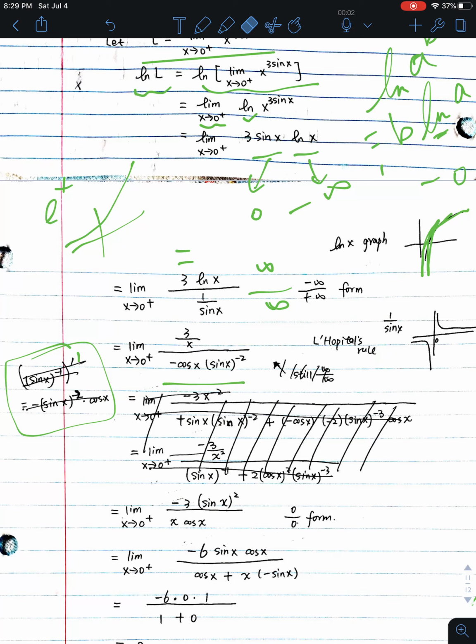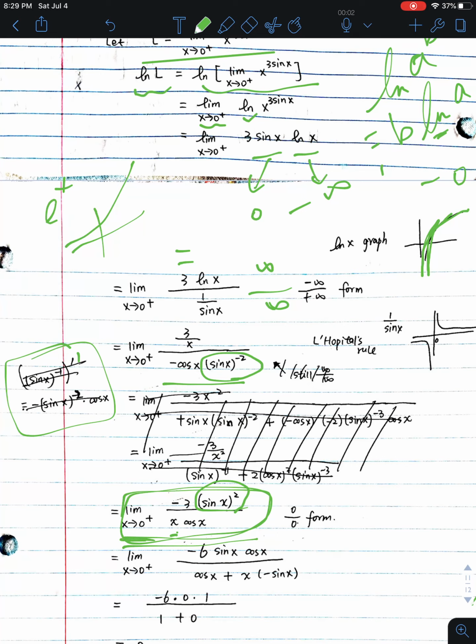Let's simplify it. After simplifying, x goes to the denominator, and sine x, because it's to the negative 2, can go to the numerator. So after simplification, it becomes this term.